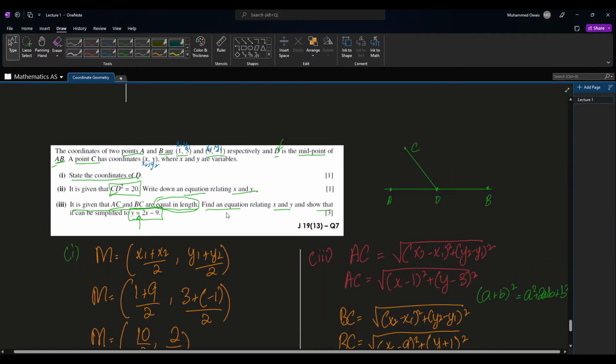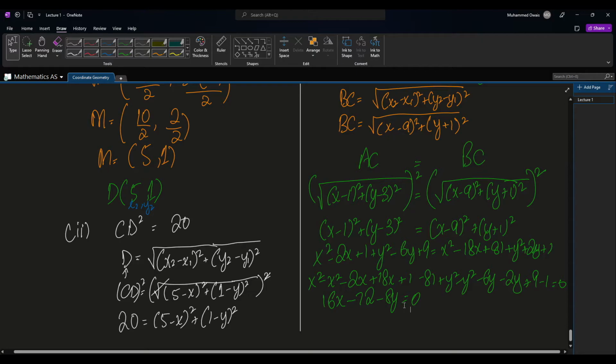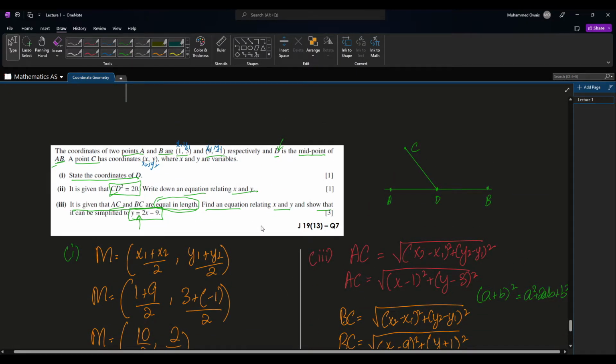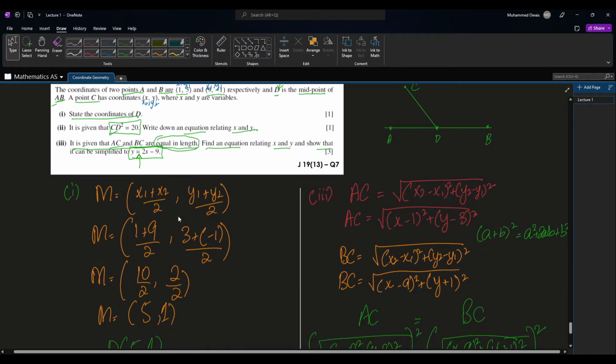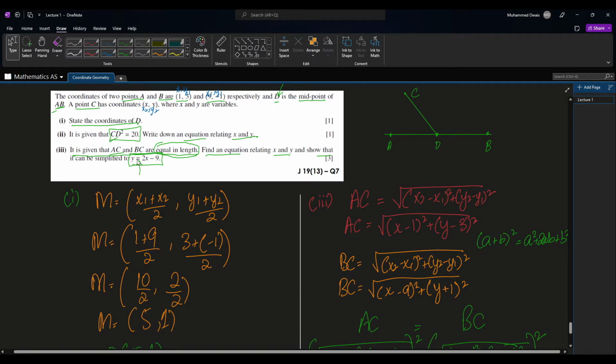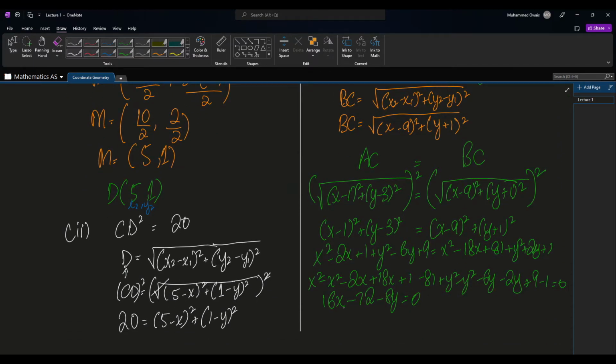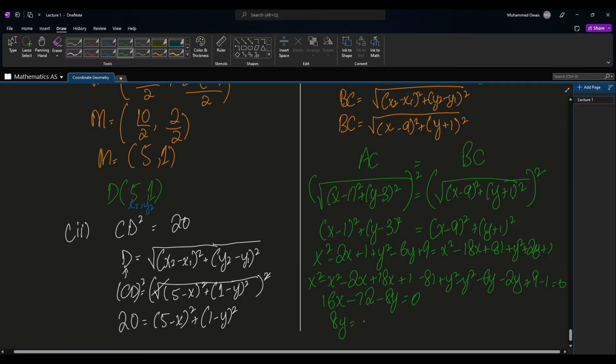Now then, as they said, find an equation relating x and y. We just found an equation that relates x and y. Now they're asking us to simplify this equation as y equals 2x minus 9. What we can already see is that they want y on the other side of the equation. So I can take this y to this side, which will be 8y equals 16x minus 72.